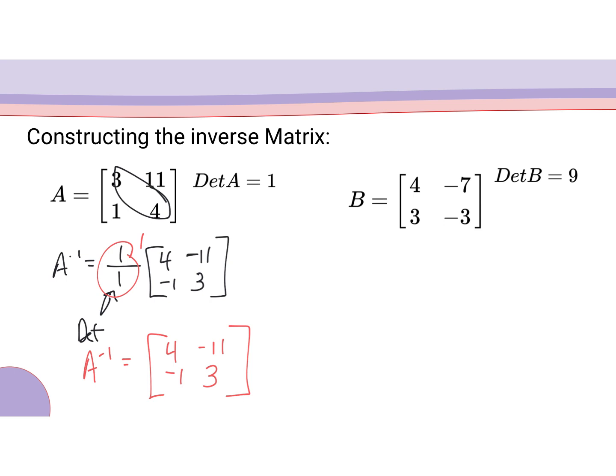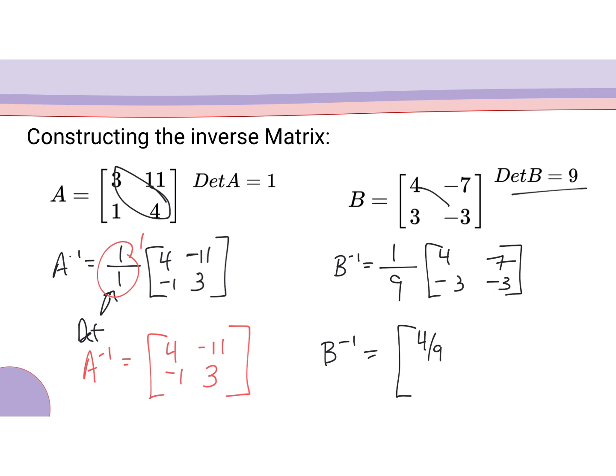Now in the other one, we found the determinant was 9. So to find the B inverse, I would do 1 over 9. Then I have to distribute, so again, we switch top left and bottom right, and we change the signs of top right and bottom left. Now I apply the 1/9 factor to all of those.